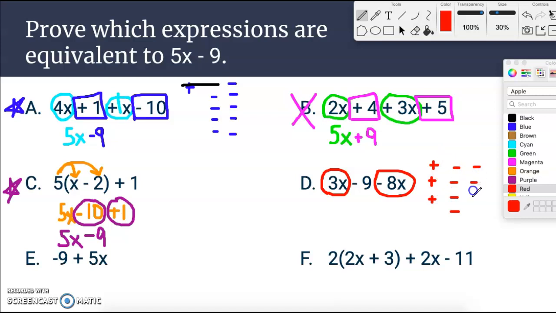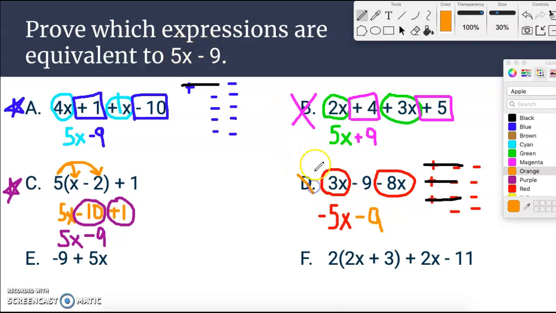So 3 positives, 8 negatives, cancel out 1, 2, 3 pairs of opposites. That leaves us with 1, 2, 3, 4, 5 negatives, and these are 5 negative x's. And then our constant is negative 9. All right, negative 5x minus 9, not positive 5x minus 9.